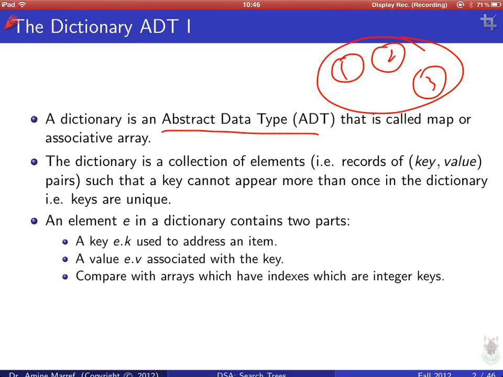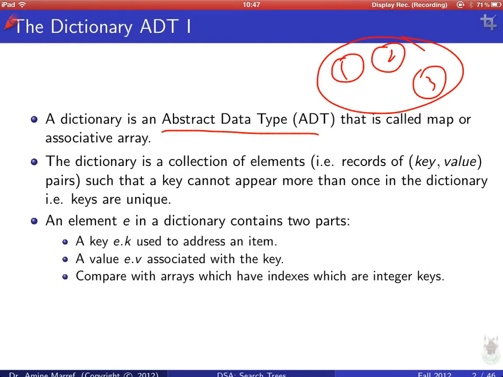I'm going to give you something very simple, just to check the understanding. That's our initial dictionary D. It has elements with keys 1, 2, and 3. When we say lookup D, 1, this will return the element with key 1. If we say lookup D, 2 after it is removed, it's going to say null.